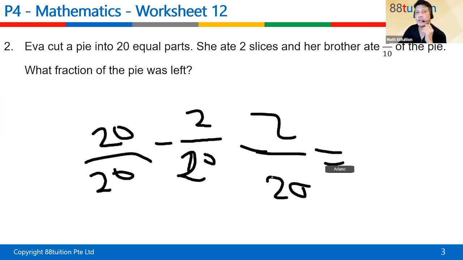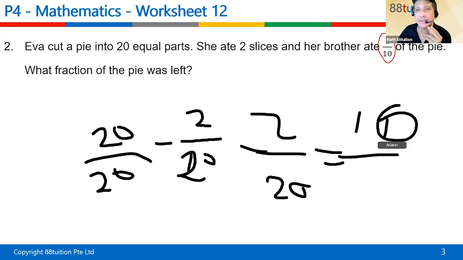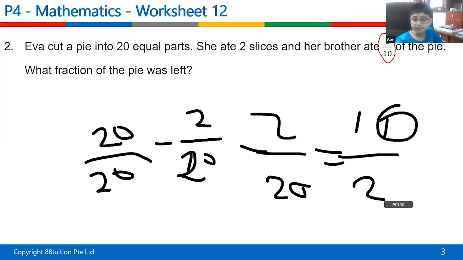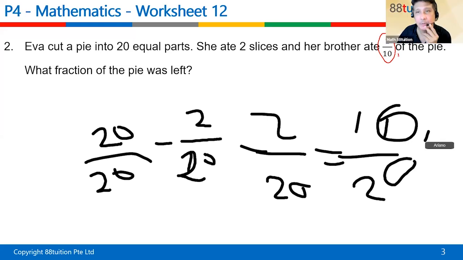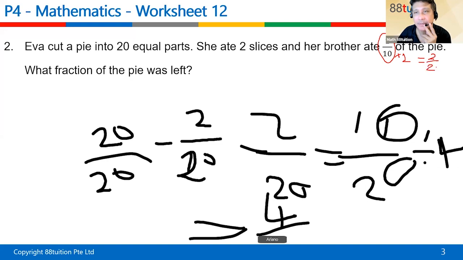Very good. For those of you who didn't understand why it is 2 out of 20 twice, one of them was because of the conversion of the fraction 1/10. 1/10 times 2, that's why you also get 2 out of 20. It turns out to be the same fraction.